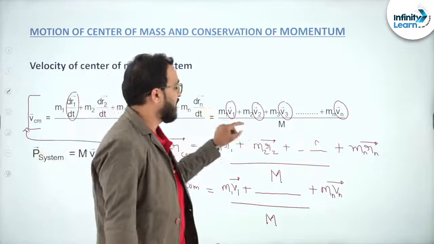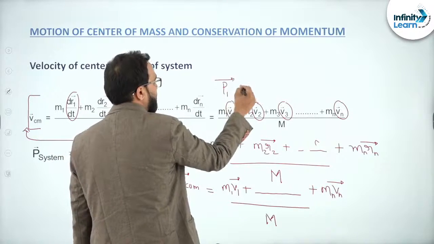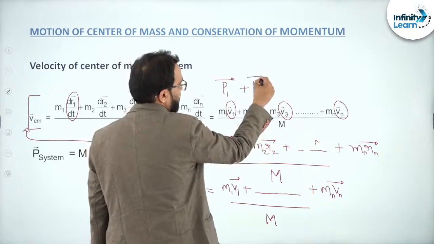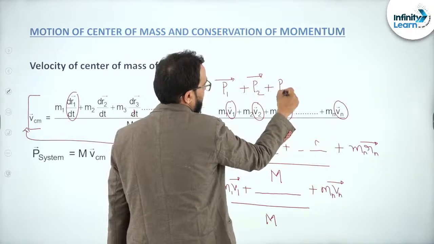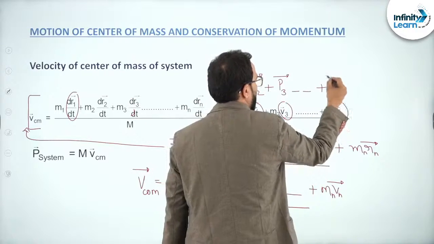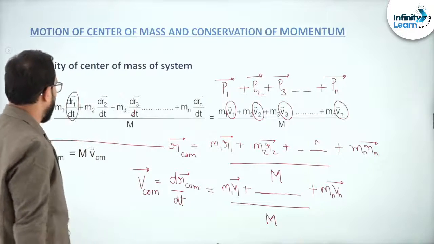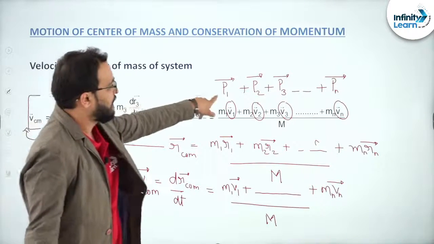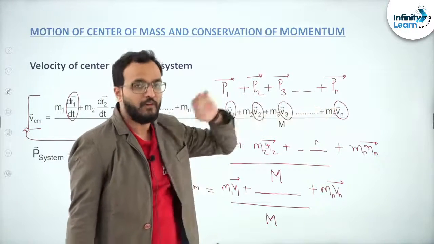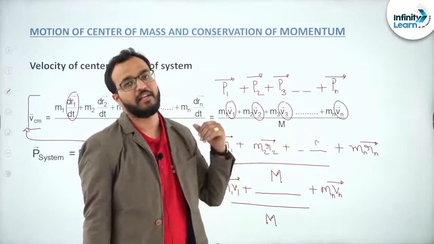Likewise we are actually adding up momentums, vector p1 plus vector p2 plus vector p3 up till this. Can you see this? So actually in order to find the velocity of center of mass, we are adding all the momentums of all the particles vectorially and then dividing them by capital M.